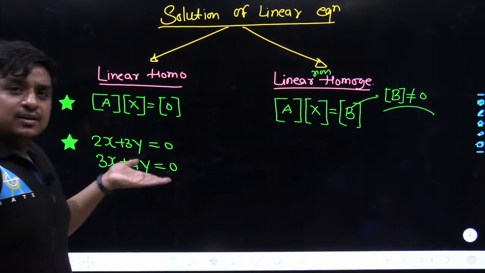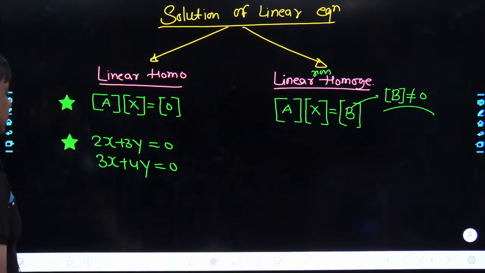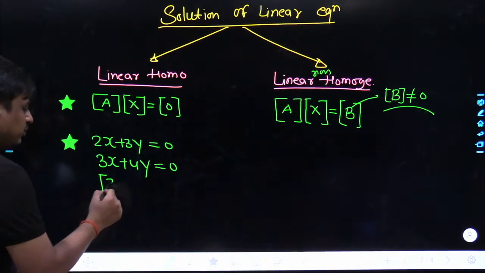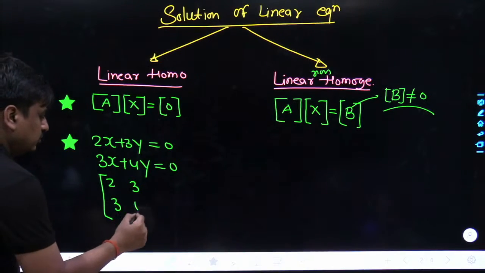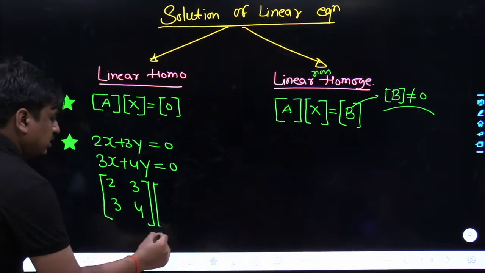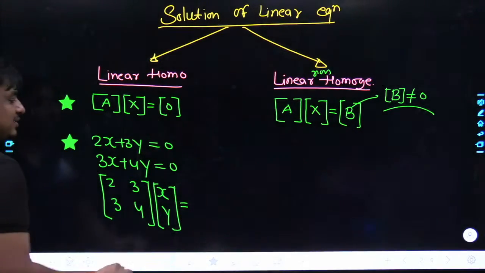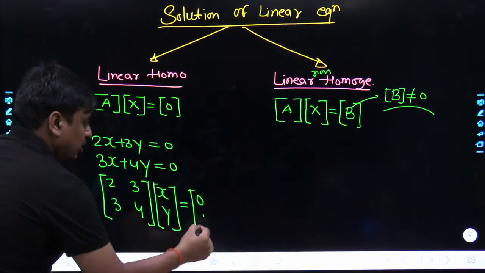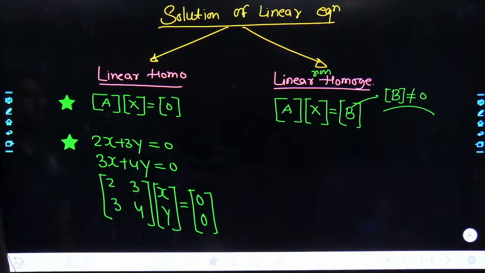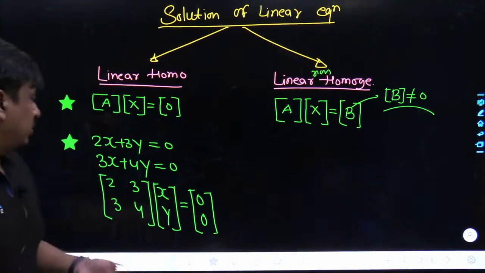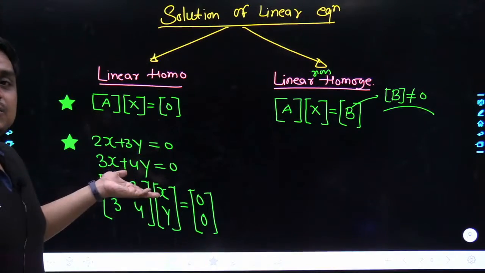Easily you can write this linear equation in matrix format, where the matrix would become 2, 3, 3, 4. Here the column matrix capital X would have the two values x and y. Towards the right hand side, all of the data are 0. So definitely you can say it's a form of linear homogeneous equation.